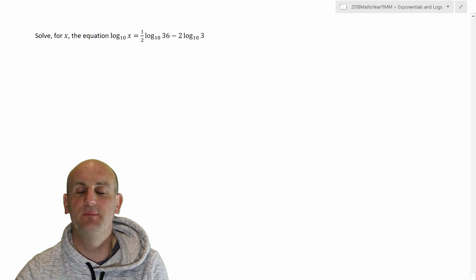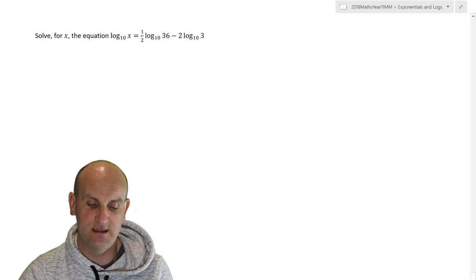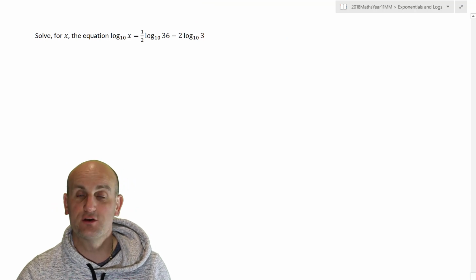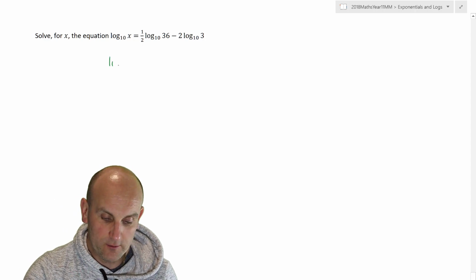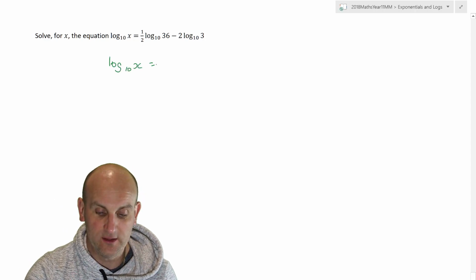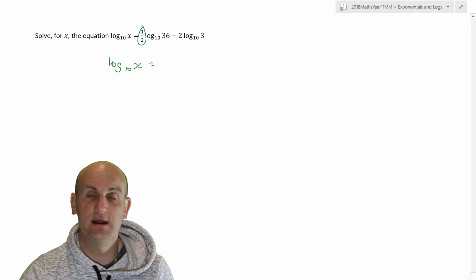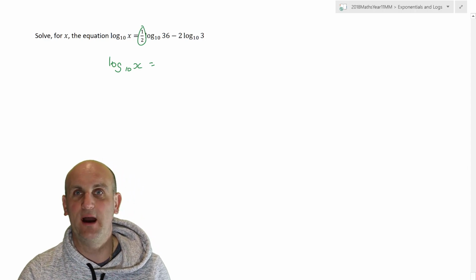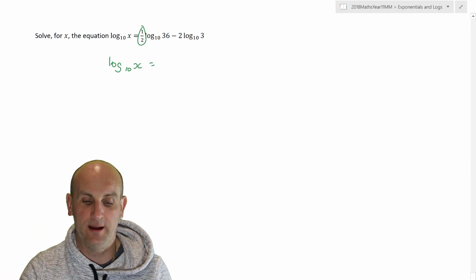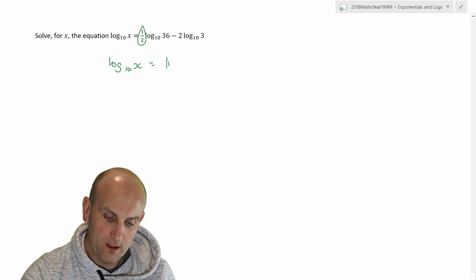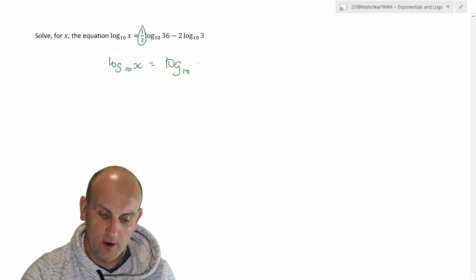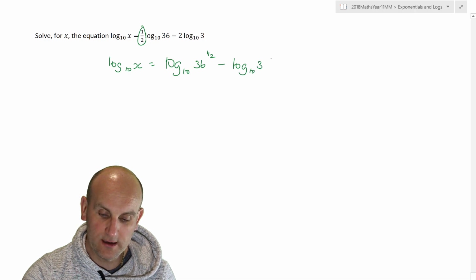And the last question before I finish for today is to solve for x the equation log 10x. So there are 3 log terms here that they're trying to trick us with. The first thing I'm going to do is that log 10x I can't do anything with. Anytime I see a number in front of a logarithm, I know it's a power. They want me to move it back on top for that power. And I know the power of a half is a rational index. So that becomes log base 10 of 36 to the power of a half minus log base 10 of 3 squared.